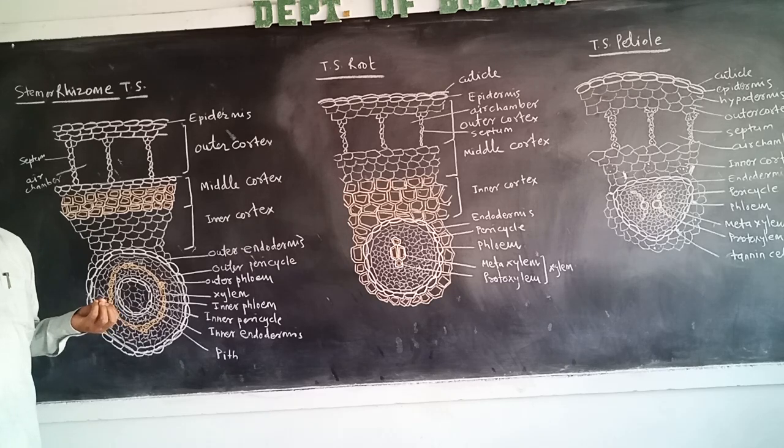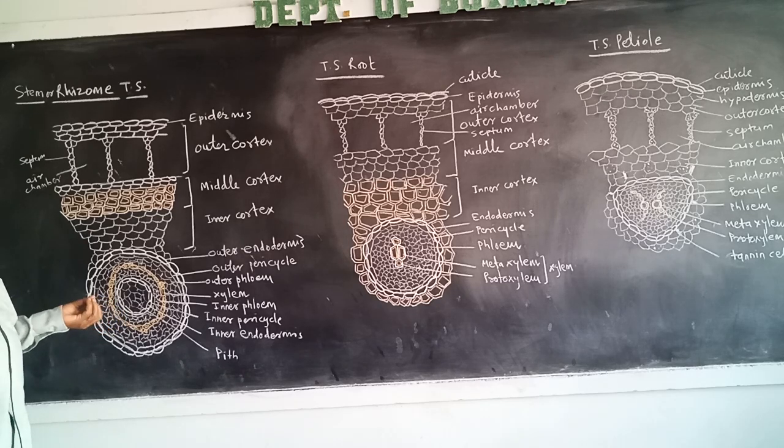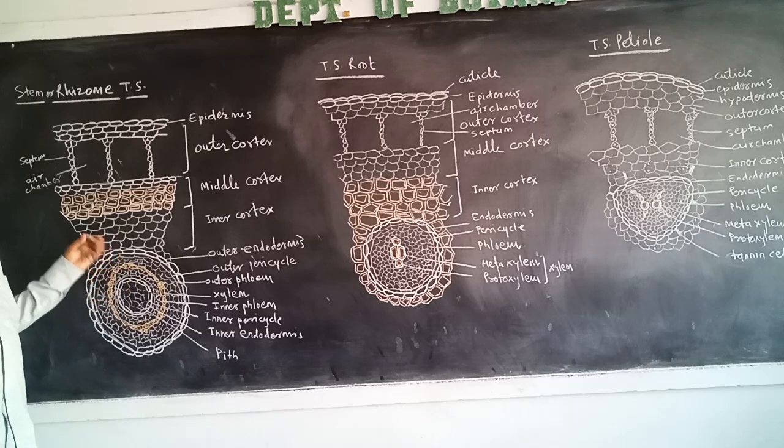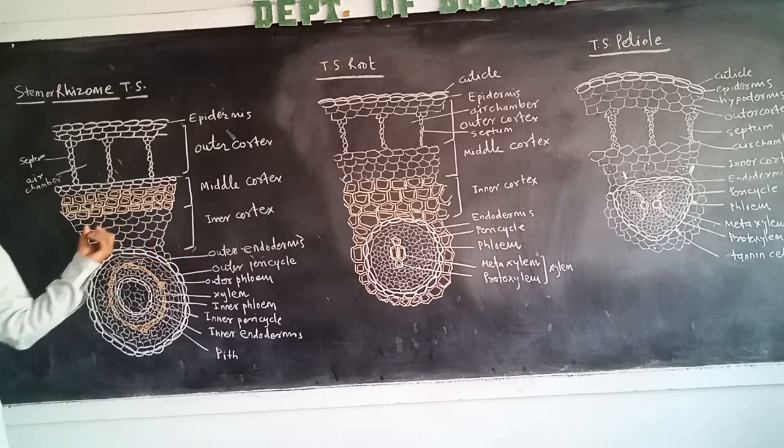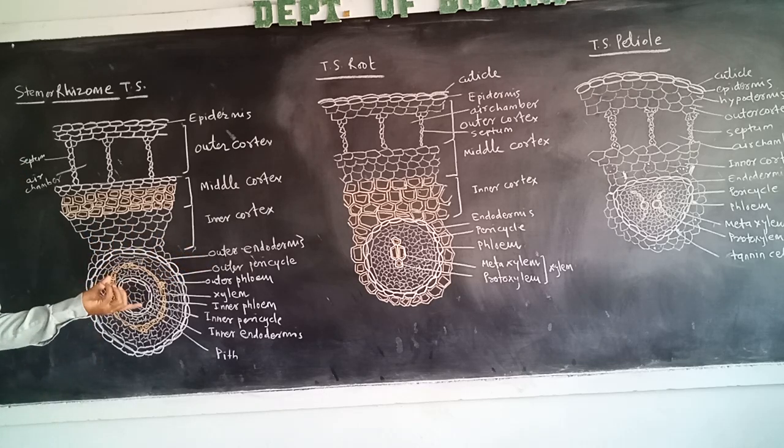Another peculiar point in the rhizome is the presence of outer endodermis, inner endodermis, outer pericycle and inner pericycle. This is about the internal structure of rhizome.